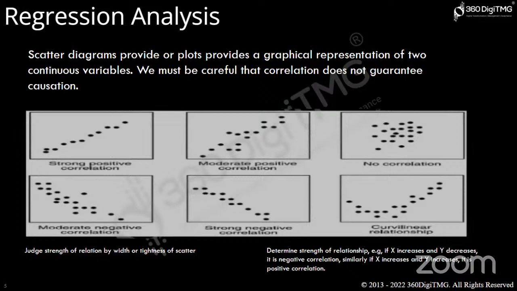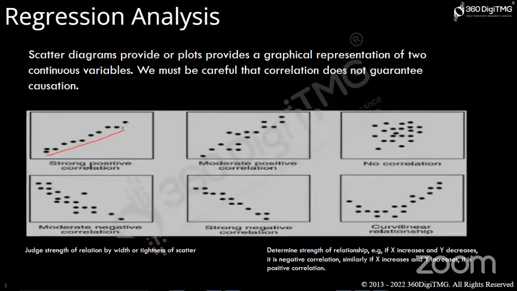I can see the data going this way: my x value is increasing, my y value is increasing. In the same way, here it is a positive correlation, but some of my values deviate. If the scatter plot is like this, we can say that there is no correlation between the values.